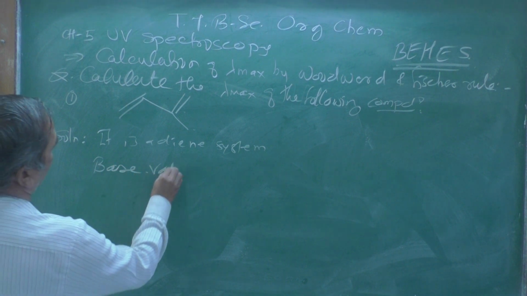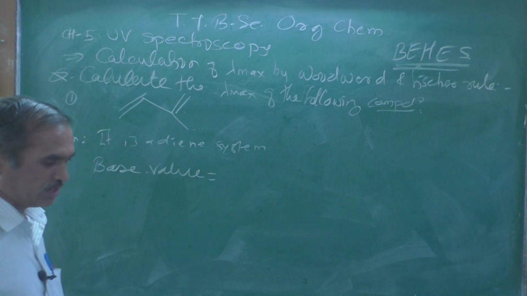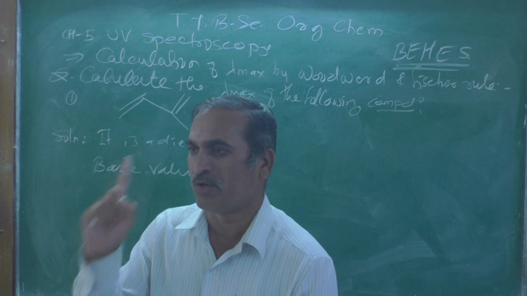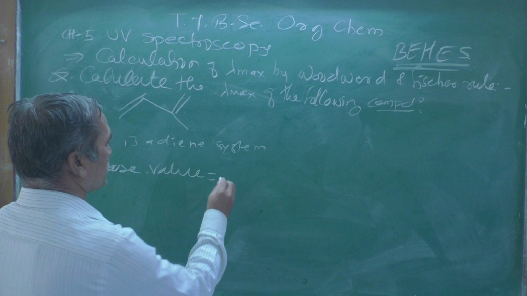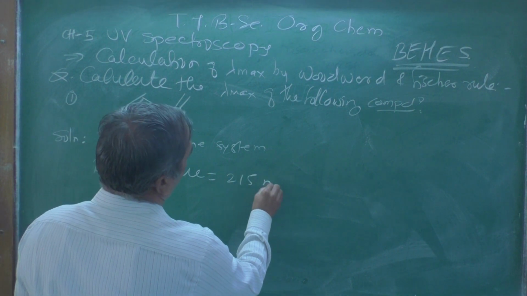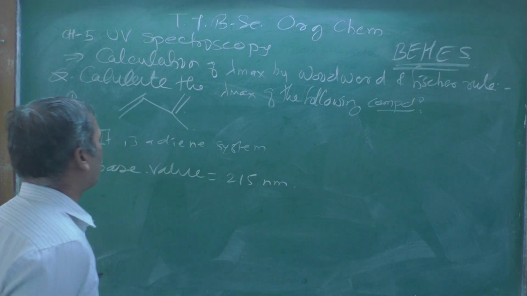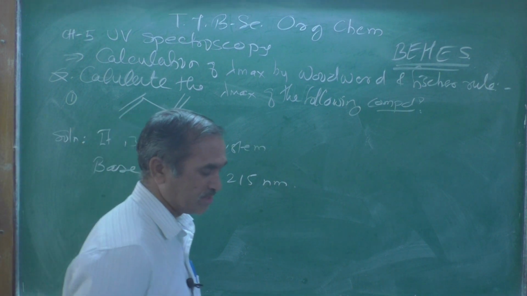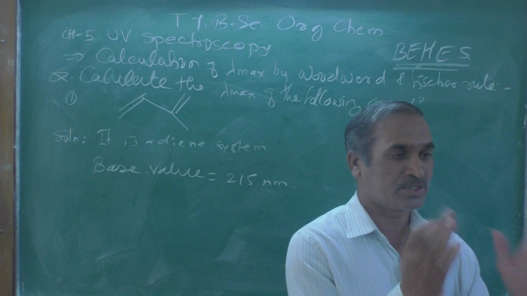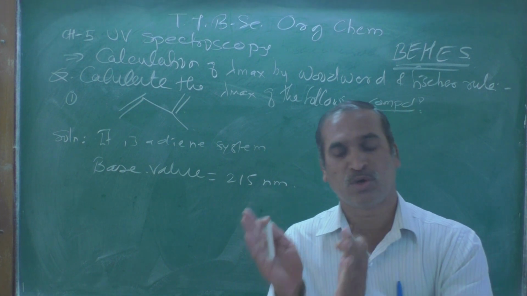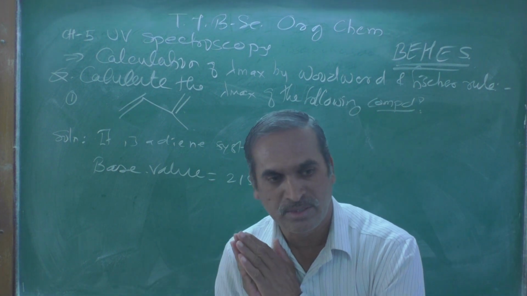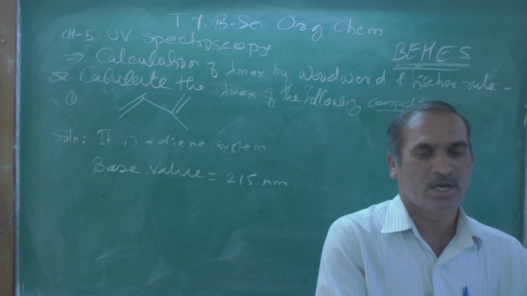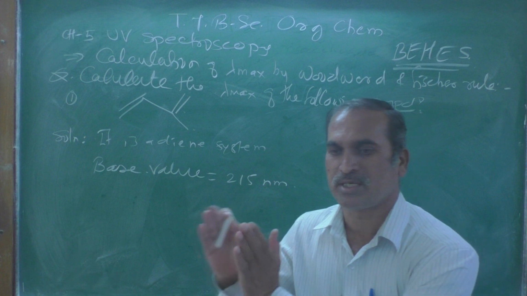What is the base value for this? As I already told you, if there is a diene system, there is only one base value, which is 215 nanometer, because we identified the diene system.